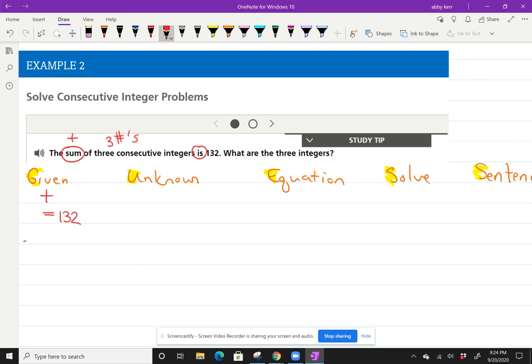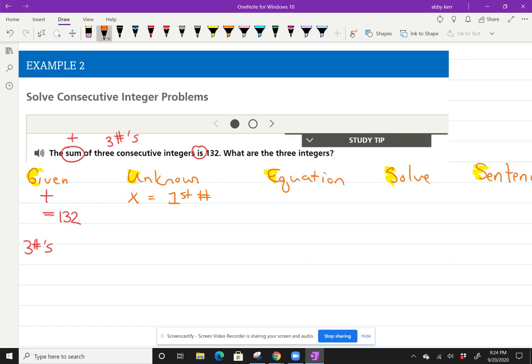So we're going to have 3 numbers, or 3 unknowns for right now. Now, the first number is going to be our x. That's our first number, because we don't know what it is.